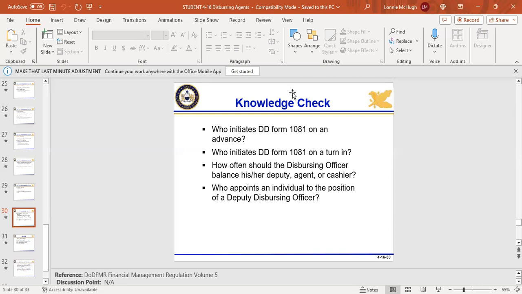Absolutely. A few other questions. If you have a paying agent, who appoints them? Is that also the dispersing officer? So it is a recommendation from the dispersing officer to the commanding officer, but the appointment is done by the commanding officer. By the CO. Okay.